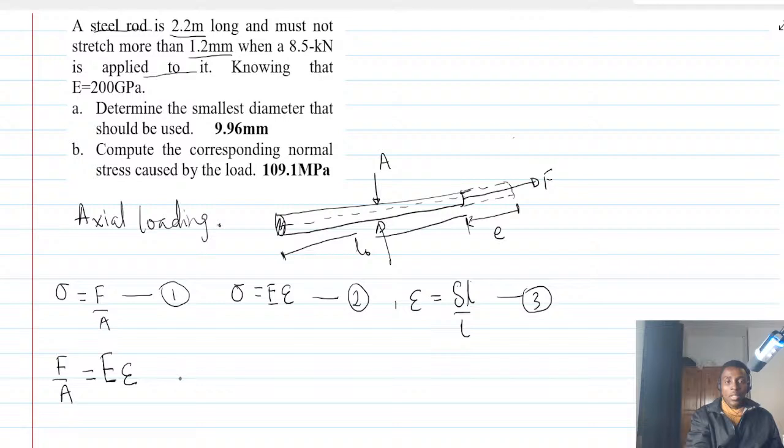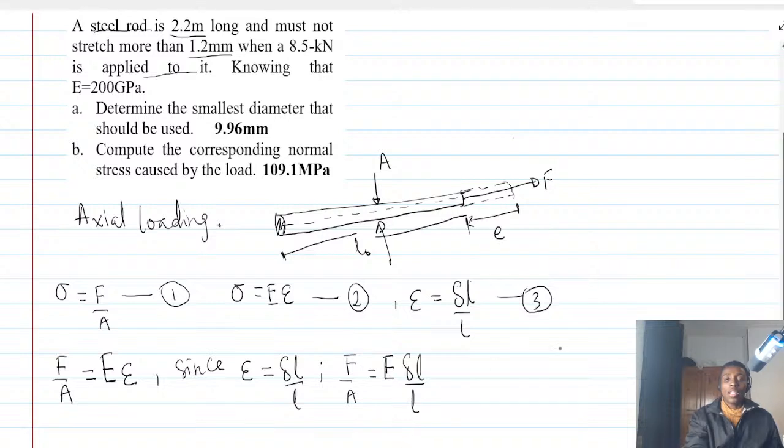Since the strain is change in length over original length, then we can say that the force over the area is the same as the Young's modulus multiplied by the change in length all over the original length.